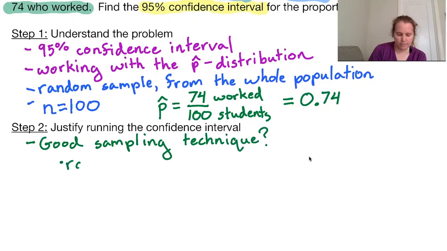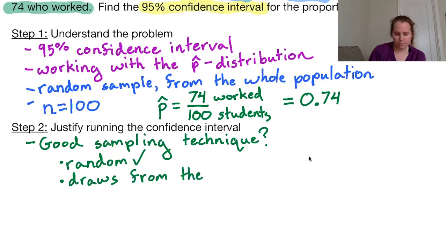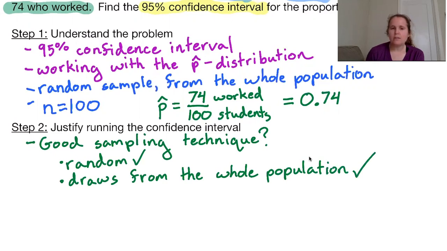It's random, and it draws from the whole population. So we meet our base conditions for a good sampling technique.